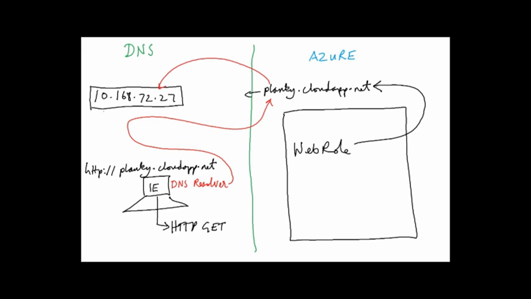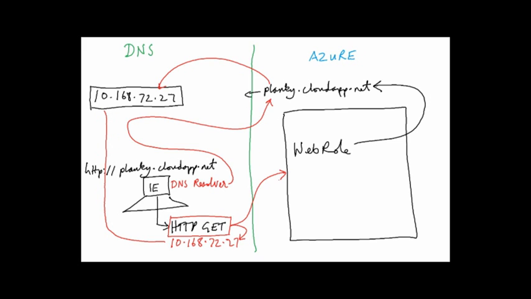And so the IP address that is returned is 10.168.72.27. And so this HTTP GET request is sent to this address, which means it ends up at this host, and the default document for whatever the default website is on that site is returned.